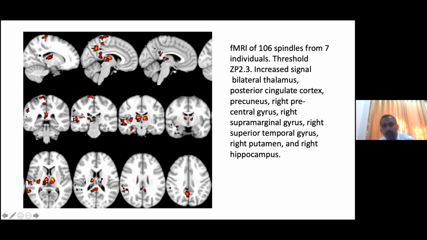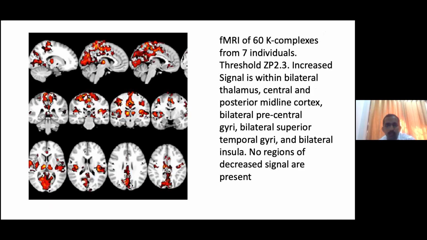All these are activated during K complexes and during sleep spindles. Wider areas are activated when functional MRI is time-locked to K complexes, including bilateral thalamus, bilateral supramarginal gyrus, and brainstem regions are also involved.